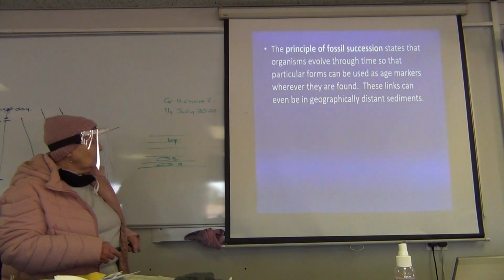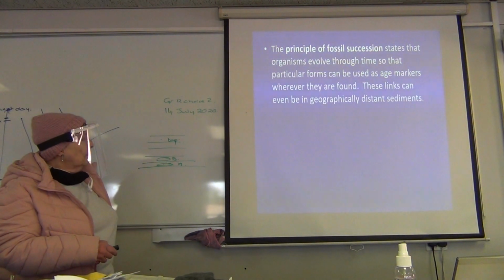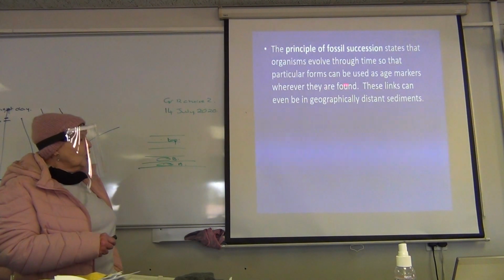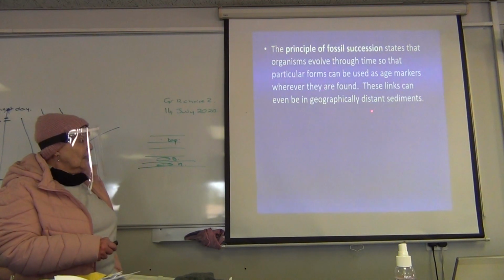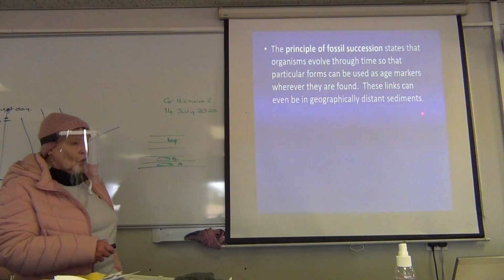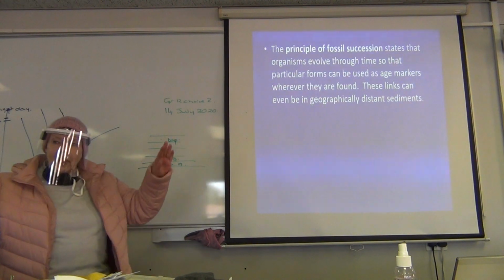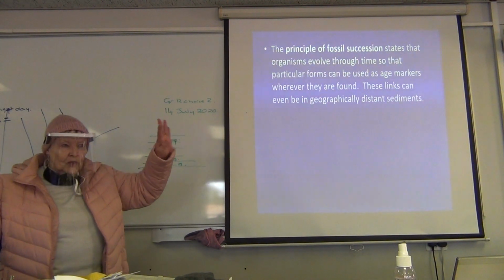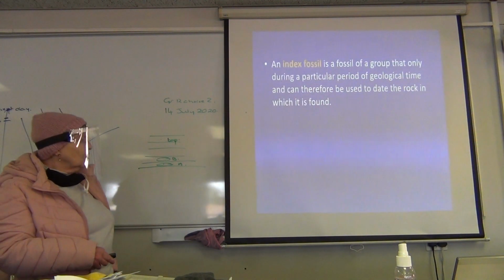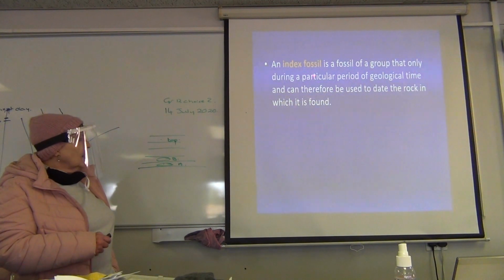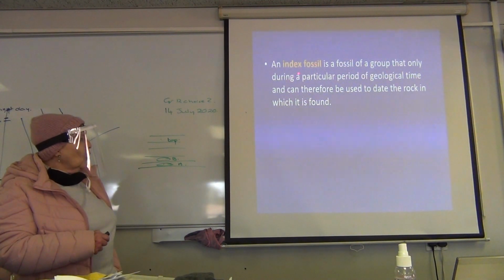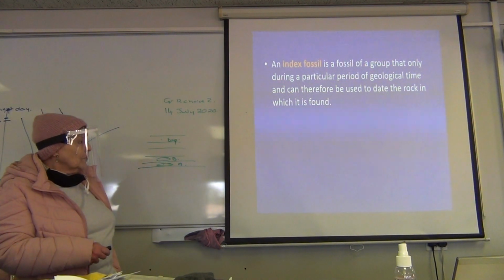Okay. All right. And these links can even be used in geographically distant sediments, where if you've got a sediment that is the same age as a sediment over there, then you can make links between the organisms that are found in them. Right, an index fossil is a fossil of a group that only existed during a particular period of geological time and was used to date the rock in which it is found.